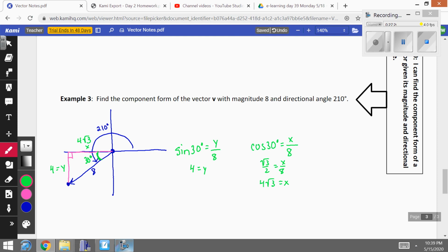So if the hypotenuse is 8, our short leg is 4. And then the longer leg is the short leg times the square root of 3. So this helps us come up with our component form. From the initial point, we're going to the left 4 root 3, and we are going down 4.